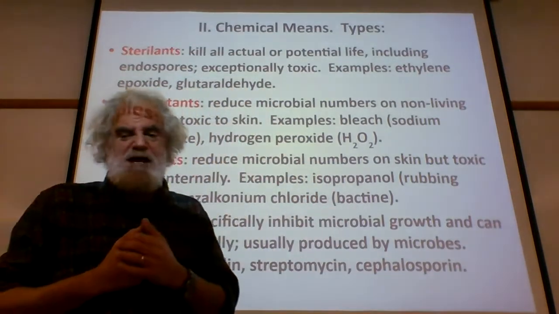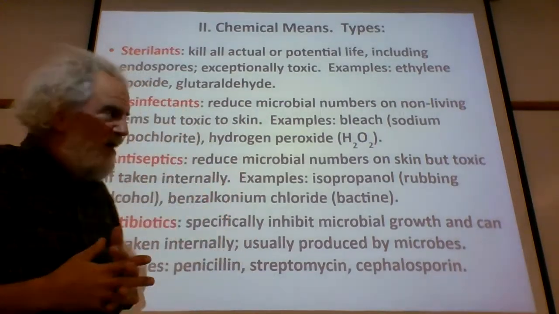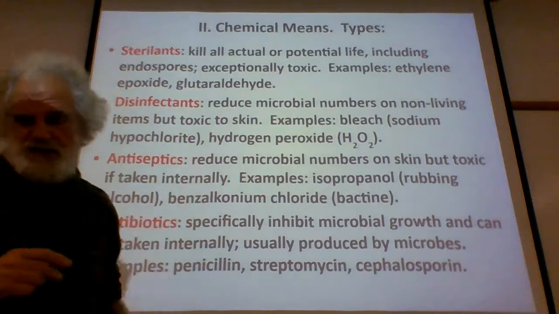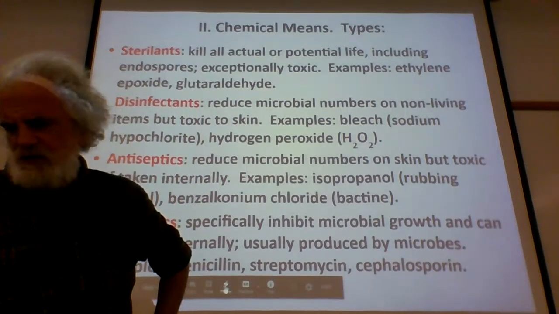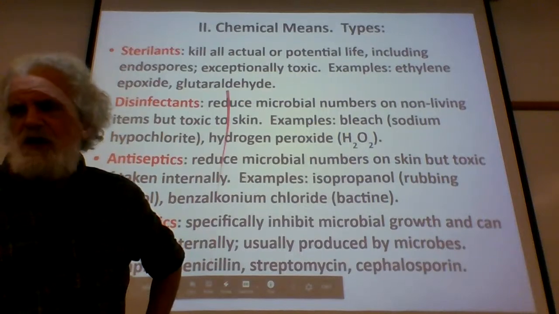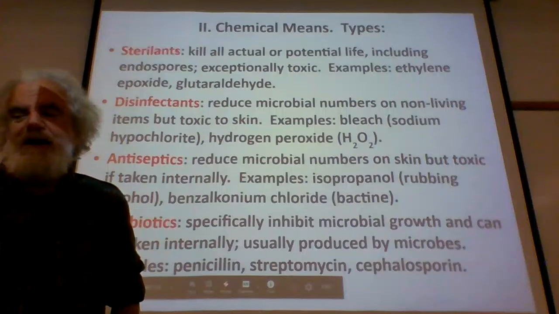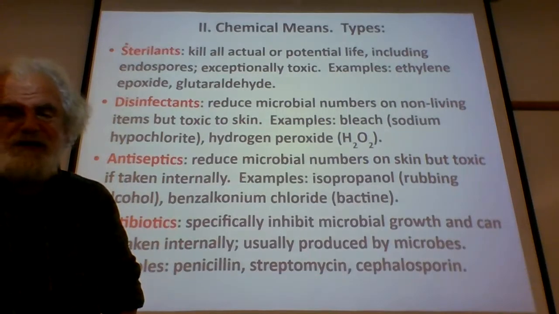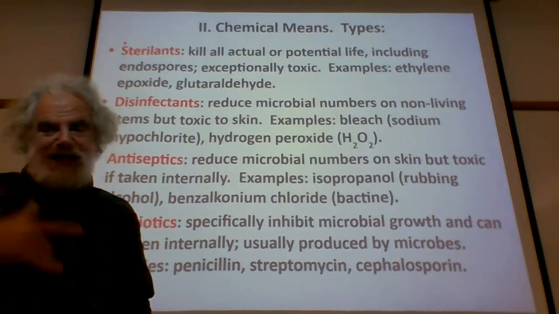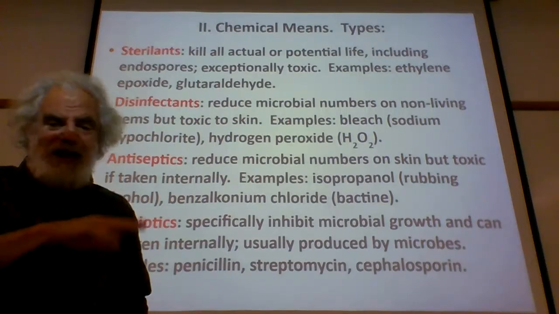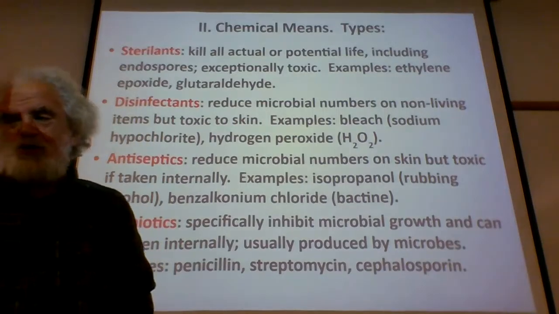Now, with chemical means, we have a couple of different kinds, again, terms. The idea of a sterilant. Here, let me get my little red waving dot to whatever extent that works. I like it anyway. We have the idea of a sterilant. Now, this is, again, sort of the term sterilizing versus sanitizing. A sterilant is absolutely going to kill everything, all actual or potential life.